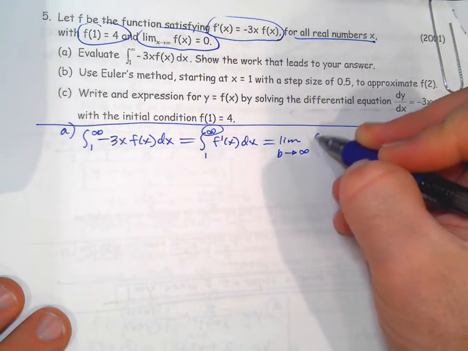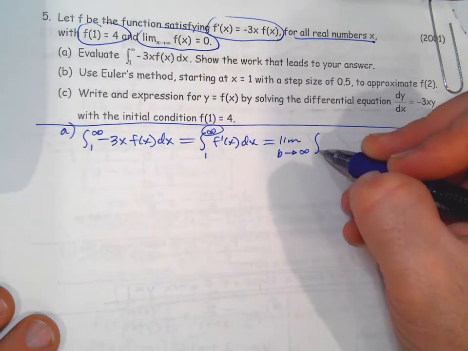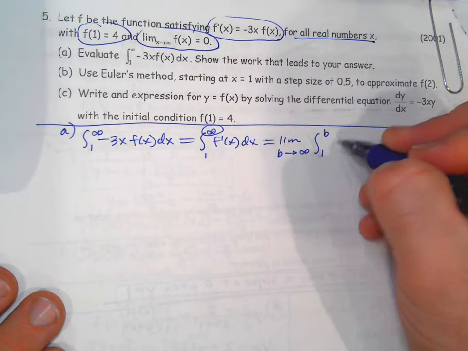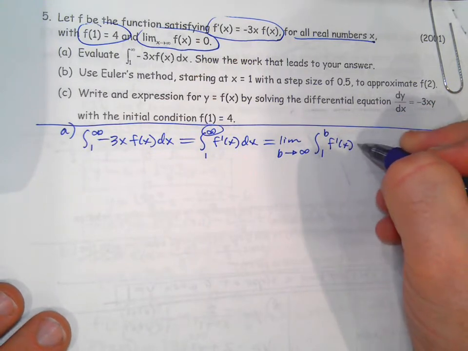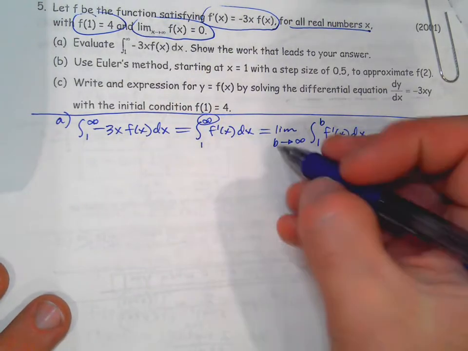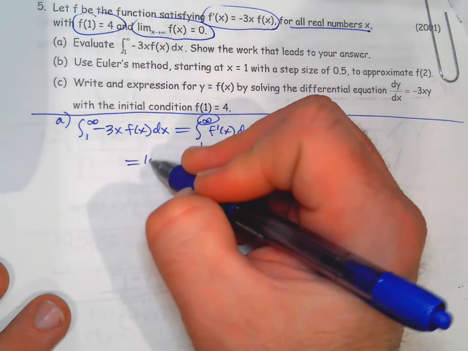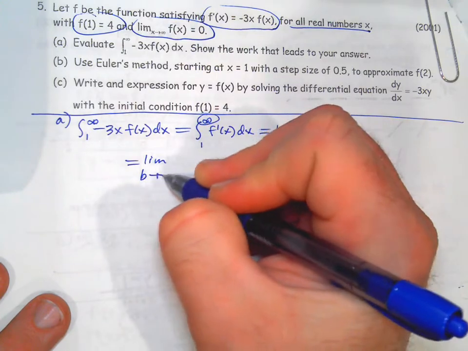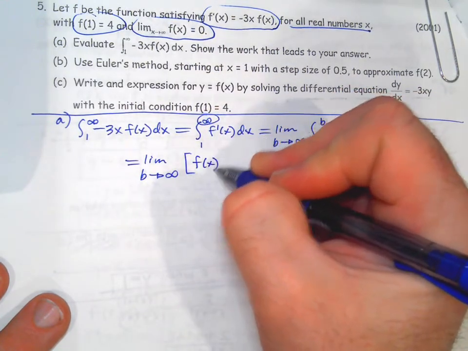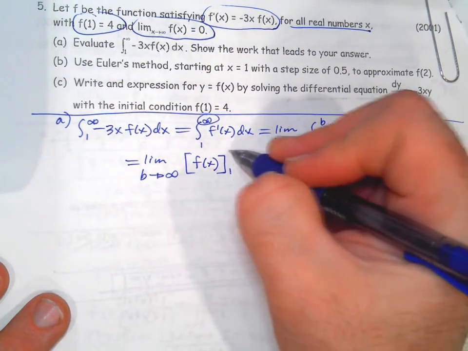Now, you may have been lazy like this on a test before and just written infinities, but this is the proper way, and this is free response, so you have to do it properly. So that's the proper way of writing that improper integral. And that's going to equal the limit as b goes to infinity of the integral of f prime of x, which is f of x.